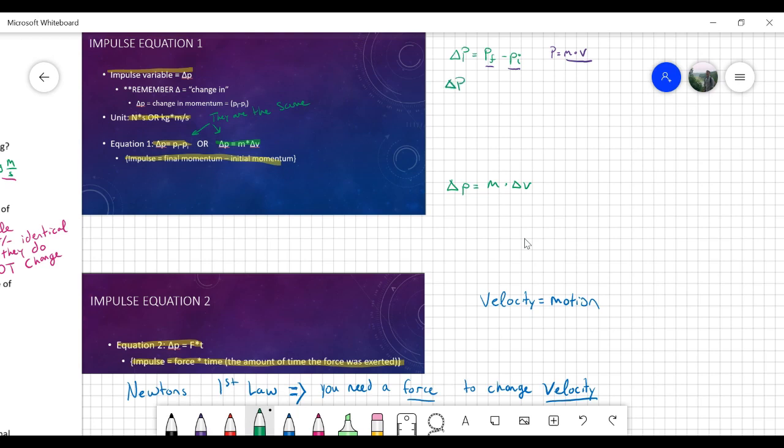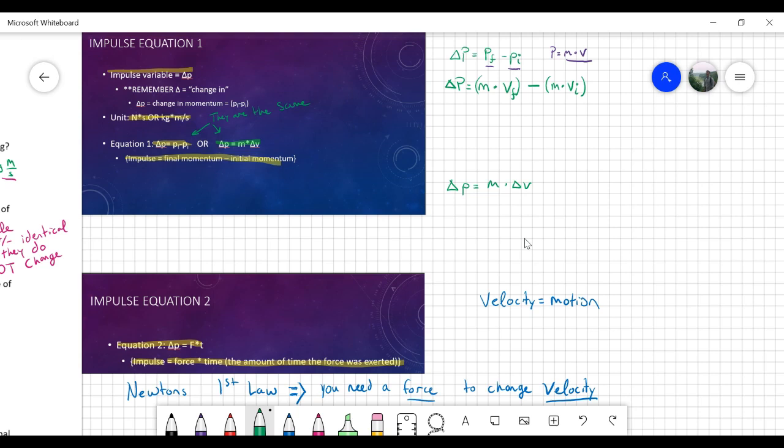Delta P is equal to, your final momentum would be the mass of the object times the final velocity of the object, minus the mass of the object times the initial velocity of the object. Remember, we're only talking about one object at a time.